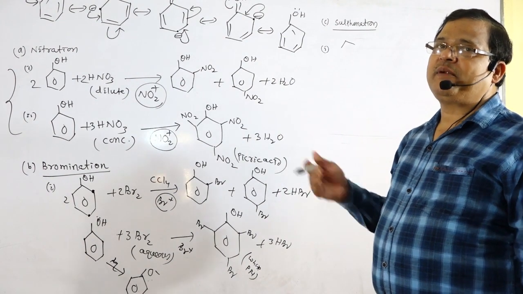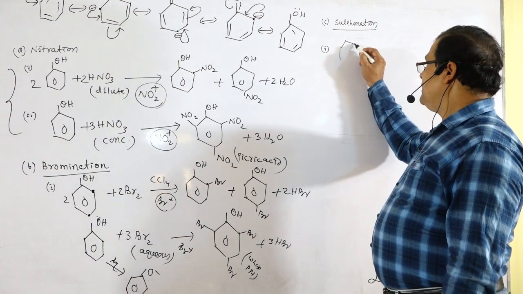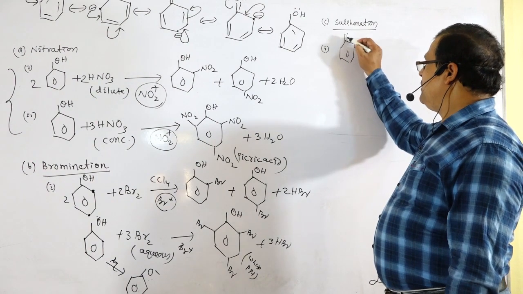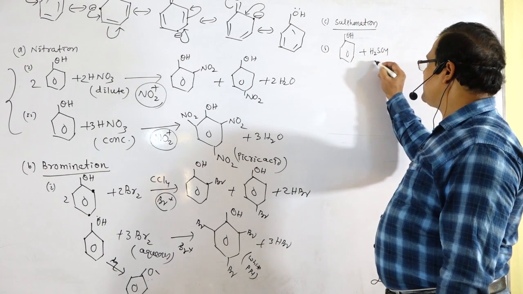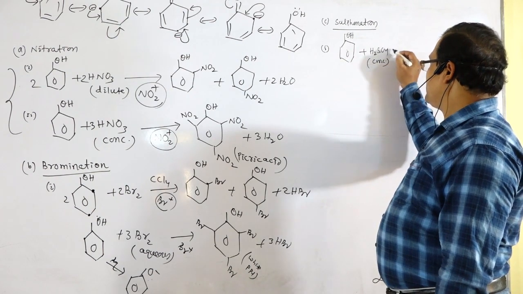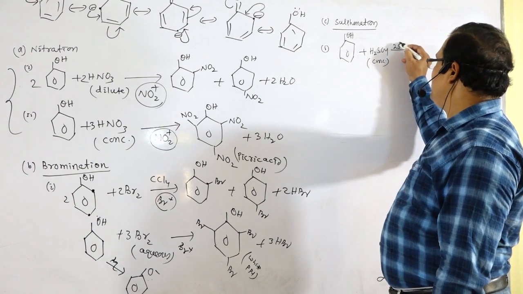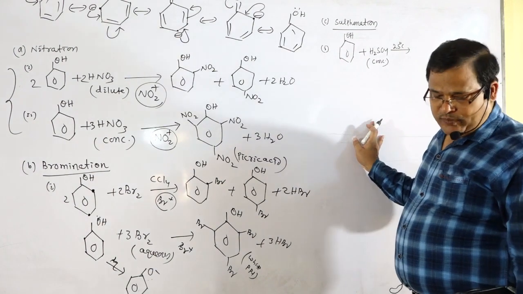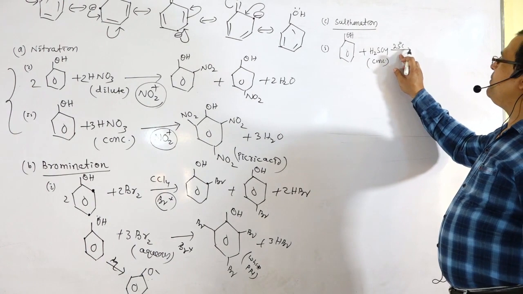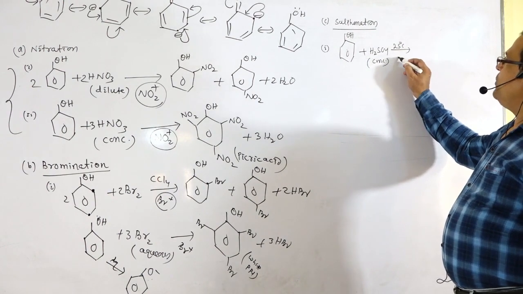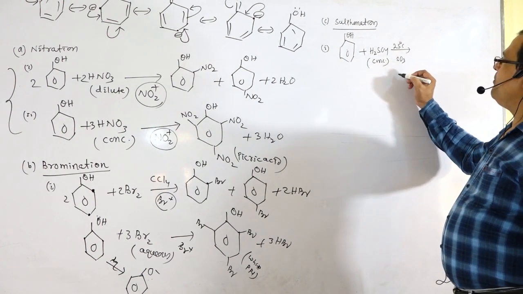It is a temperature dependent reaction. Phenol is treated with concentrated sulfuric acid at about 25 degrees centigrade, and the electrophile is SO3.